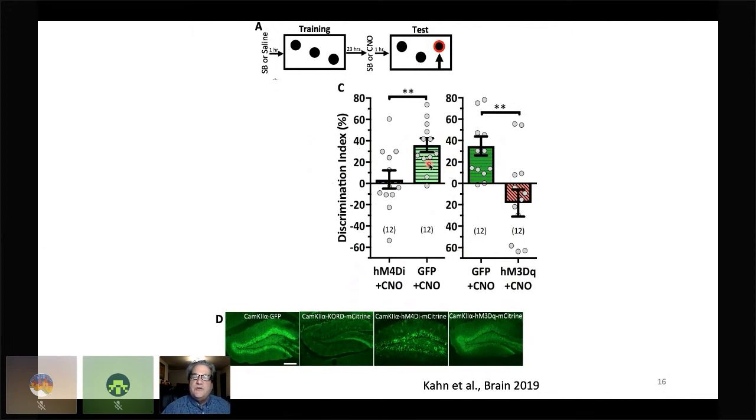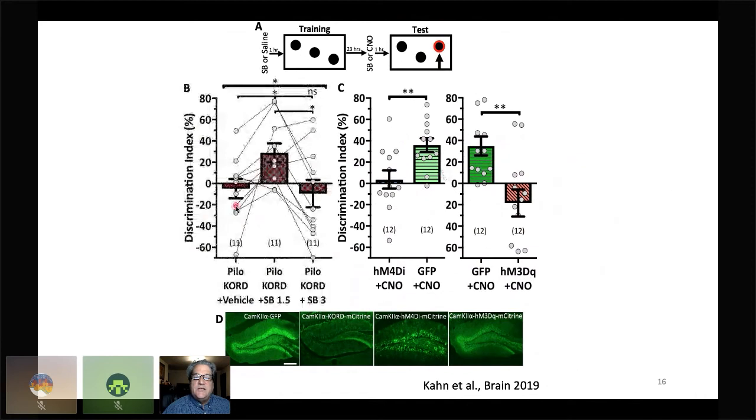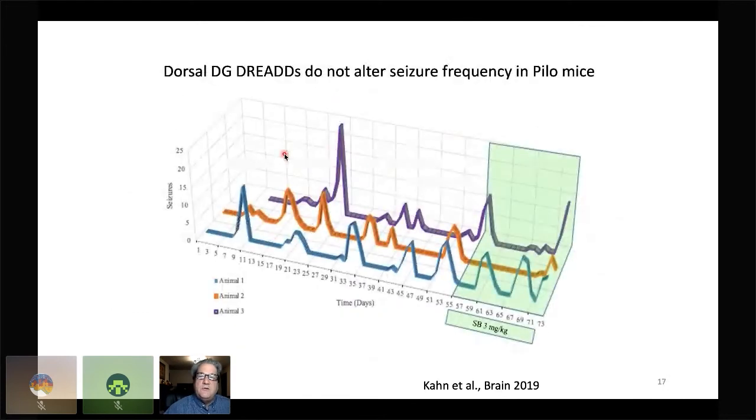And similarly, if we treat them identically to how we did the epileptic mice and decrease activation using an inhibitory DREADD, hM4Di, these animals also can't make the discrimination. So there's a window that enables these granule cells to function normally. And in control mice, it's in the realm of what they usually do. And in epileptic mice, it's in a context where excitability has to be reduced. So we can restore the function of these networks.